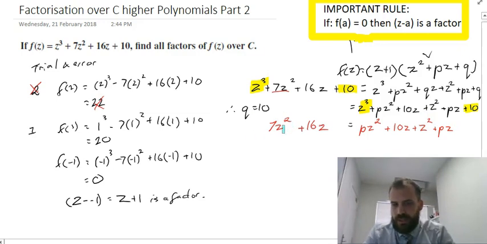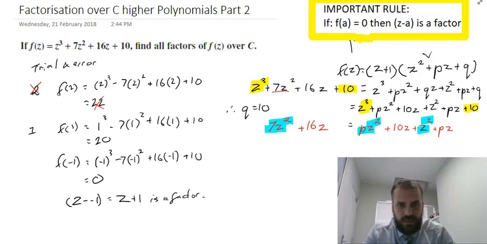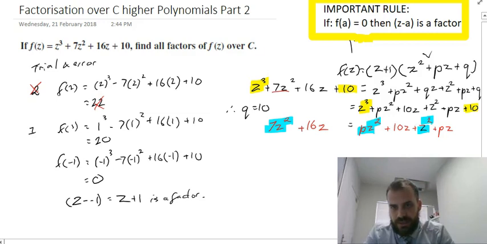Now the z squared terms: 7z squared is equal to pz squared plus z squared. That must mean that p is equal to 6.